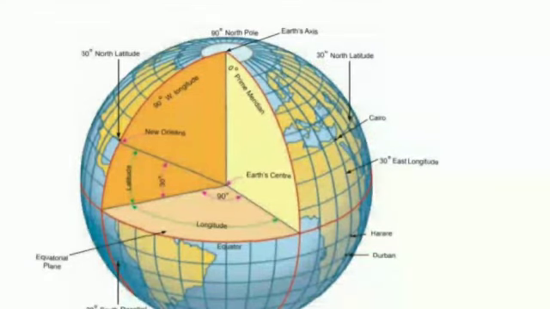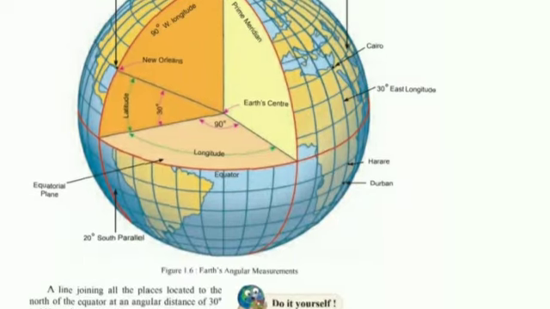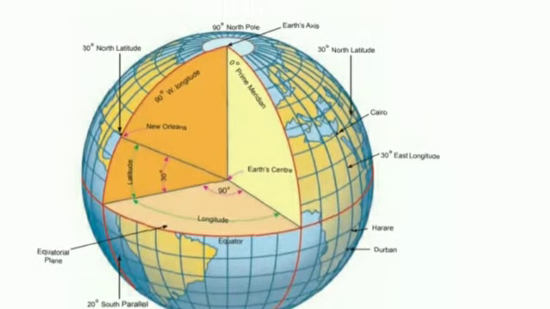At 90 degrees we can see the poles, 90 degrees in the northern hemisphere and the same 90 degrees in the southern hemisphere. At 30 degrees north latitude and 90 degrees west longitude there is New Orleans. Where is the earth's center? It is in the middle.